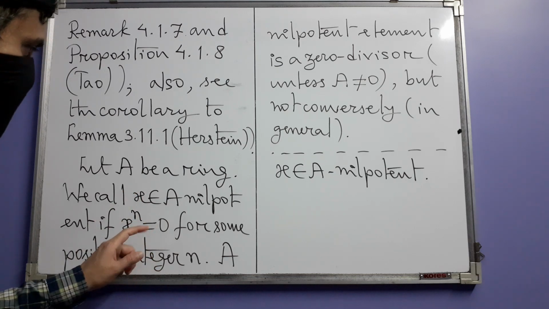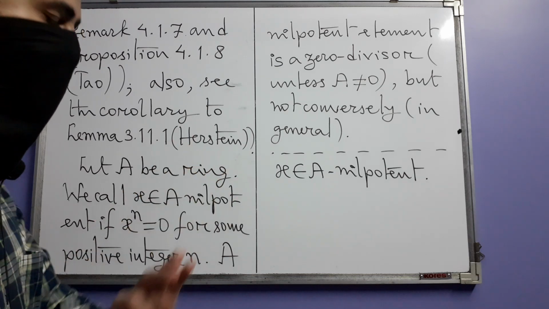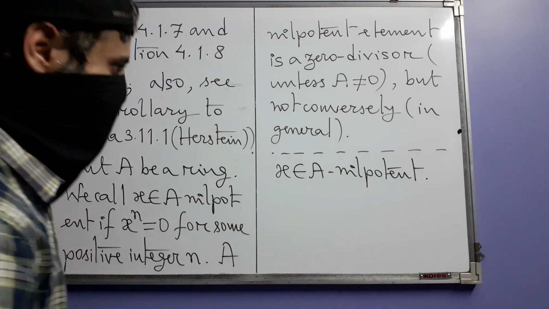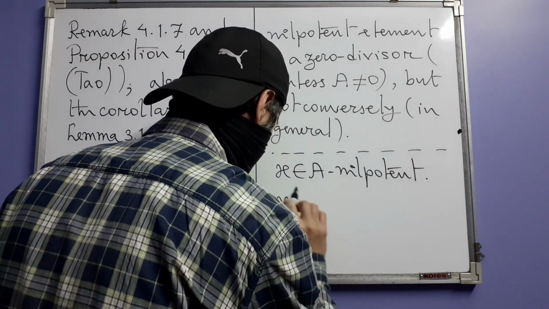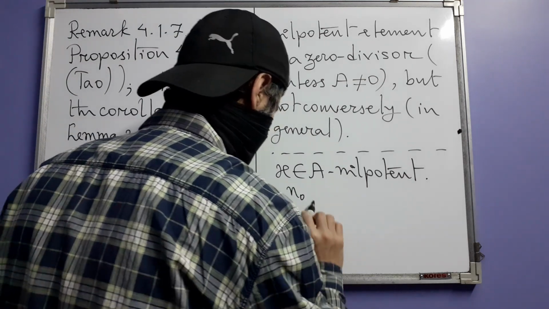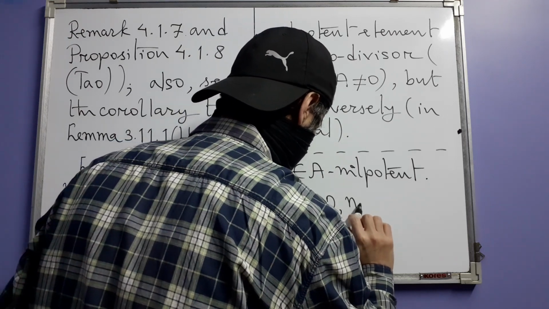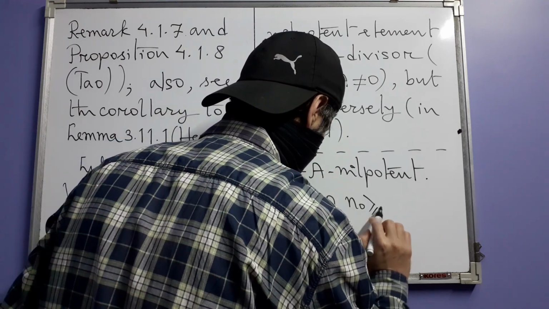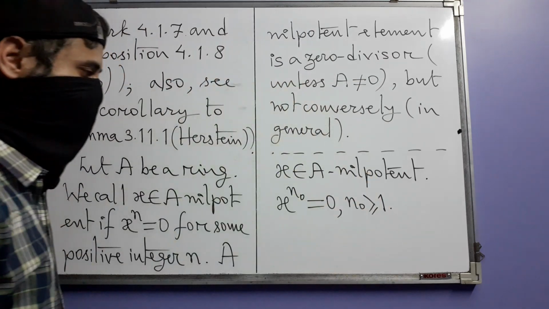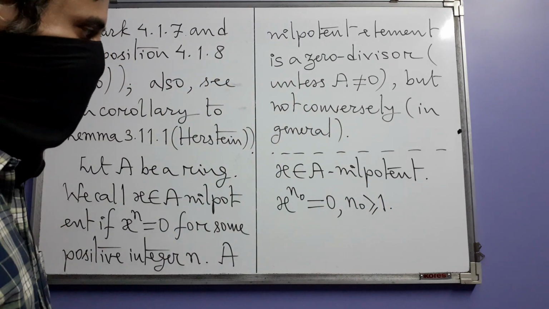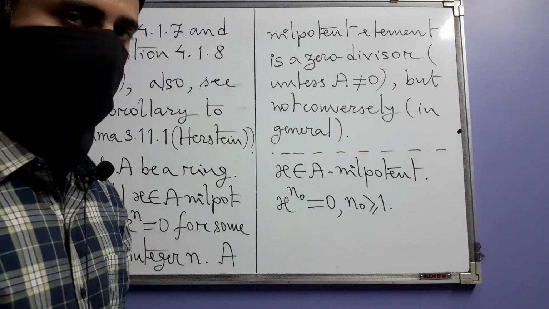So by the well-ordering principle, a smallest such n also exists, which I call n0, for which x to the n0 is equal to 0. And note also that by definition, n0 is a positive integer. So the least value it can take is 1.